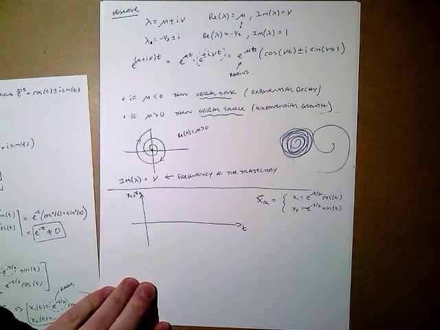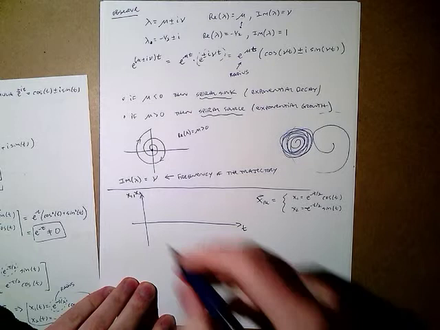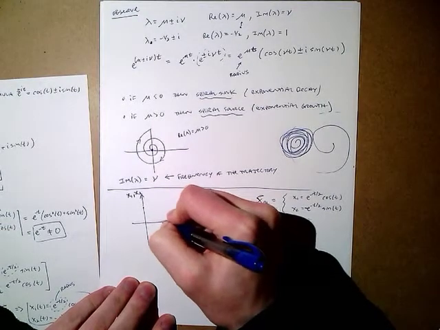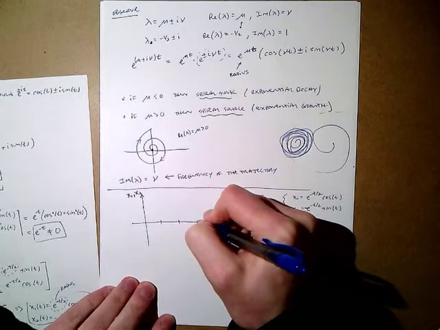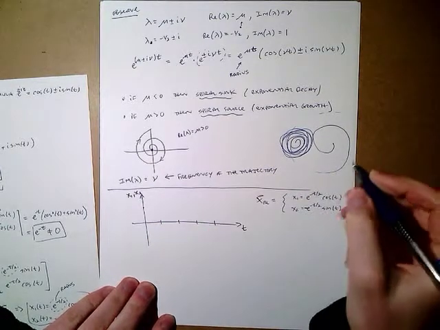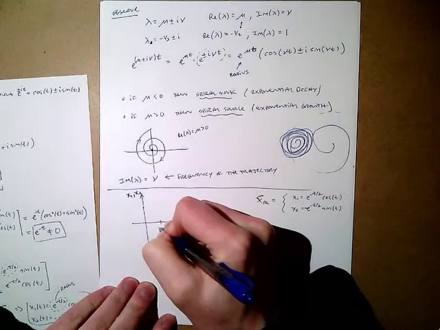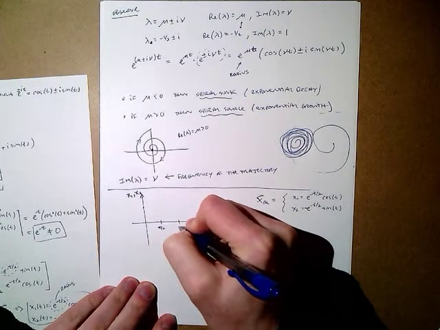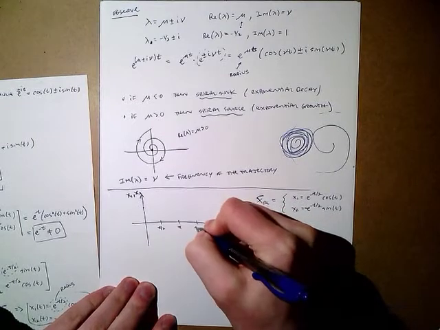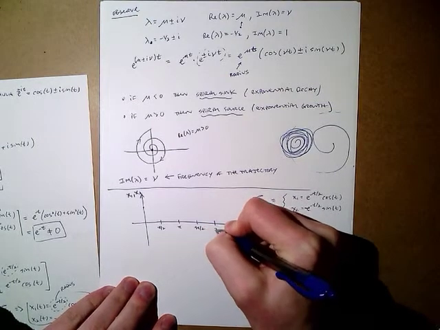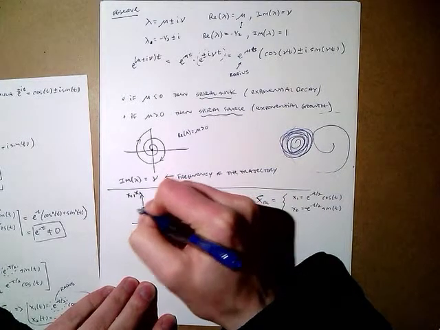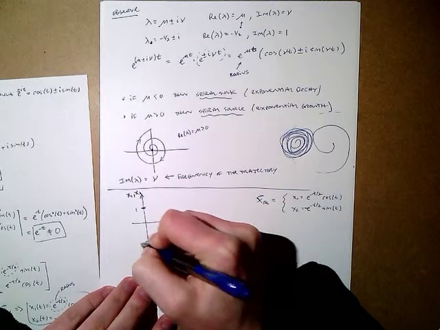Okay, so to do this, I'm going to start by drawing a cosine function. And let's do this here. So let's say that this is pi over 2, pi, 3 pi over 2, and 2 pi. Okay, and we know our cosine function oscillates between 1 and negative 1.